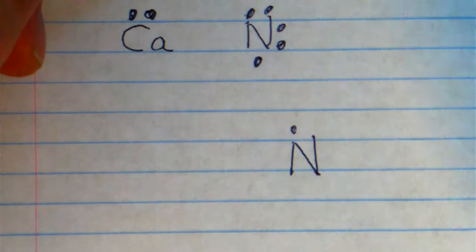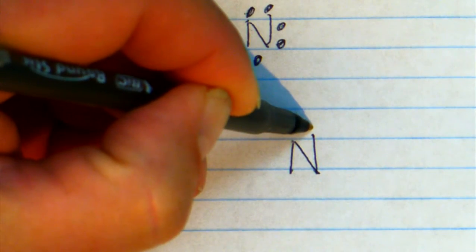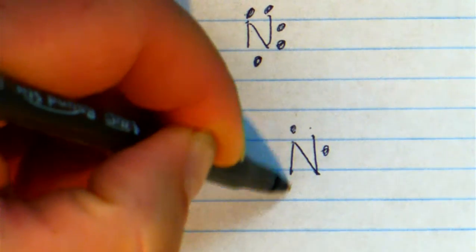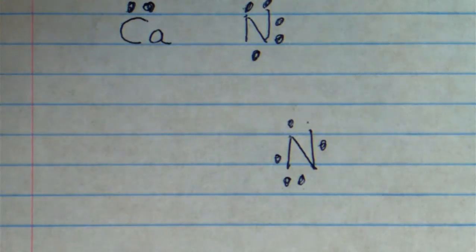How shall I draw this? I don't know. One, two, three, four, 5. So here's a nitrogen with 5 valence electrons.